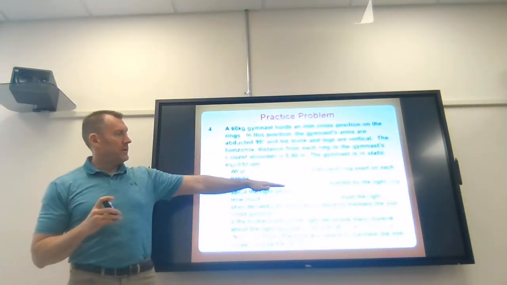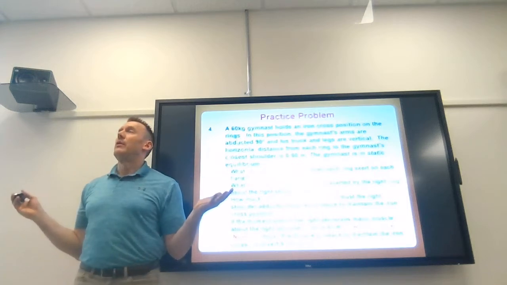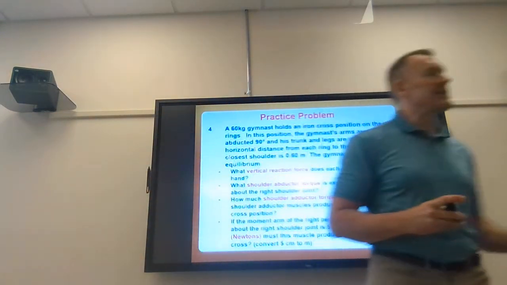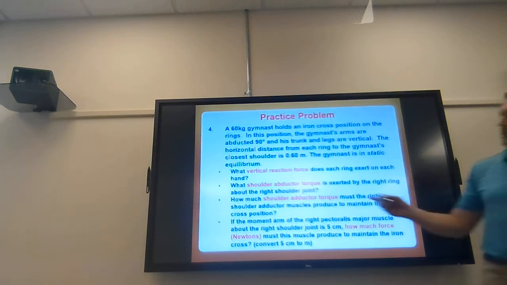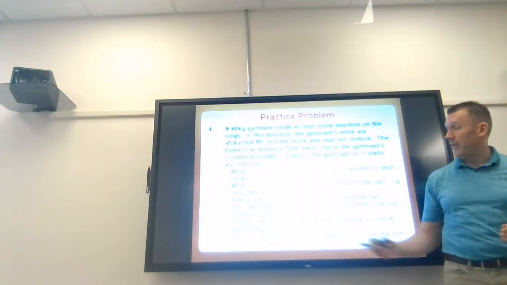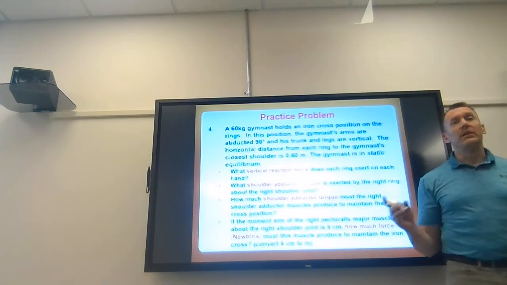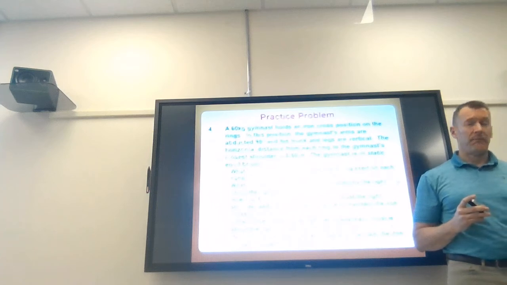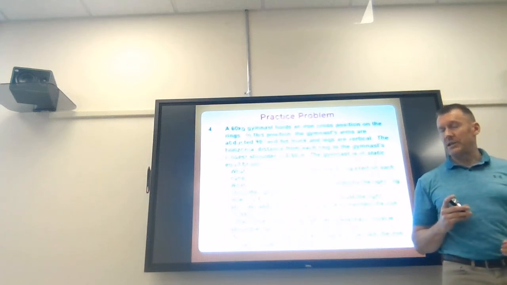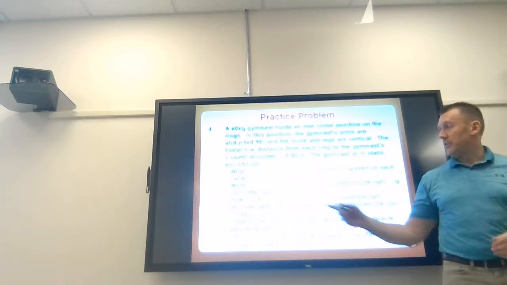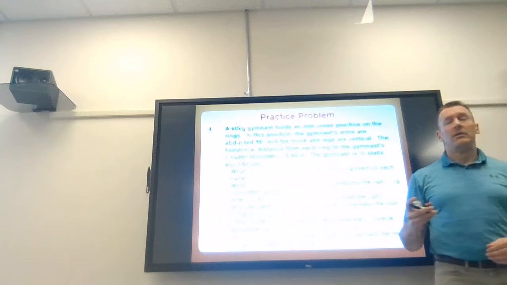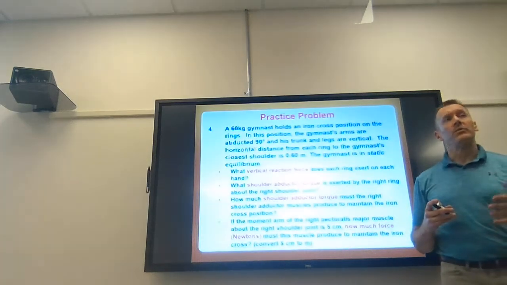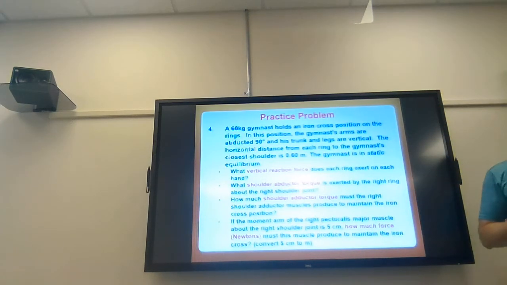So 294 times 0.6, what'd you get, 176 newton meters of shoulder abductor torque would have to be countered by 176 newton meters of adductor torque by his muscles in the opposite direction. So abductor in one direction, we have to counter that with shoulder muscle adductor torque. So they would be equal, 176 newton meters and 176 newton meters.